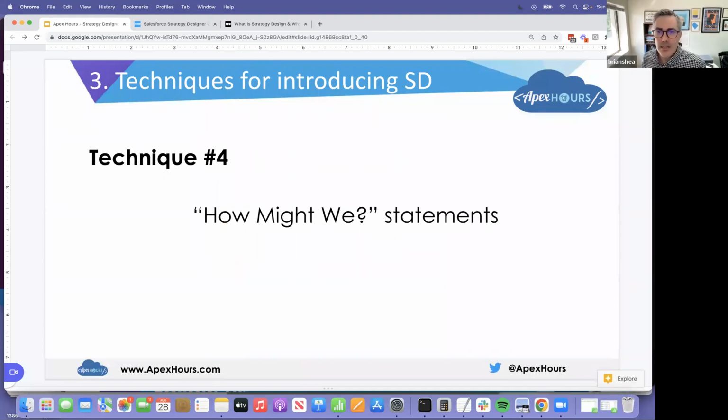And the last technique that I wanted to call out is how might we statements. So how might we statements are what I would call a very lightweight methodology or lightweight tool around brainstorming different ways to address a problem.